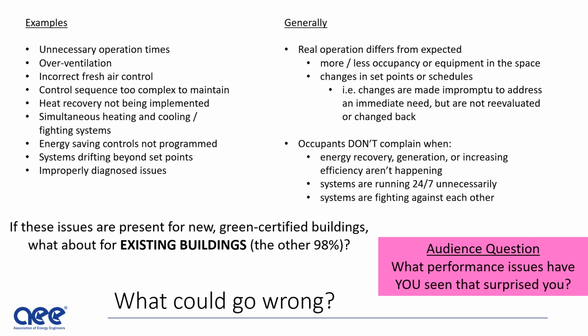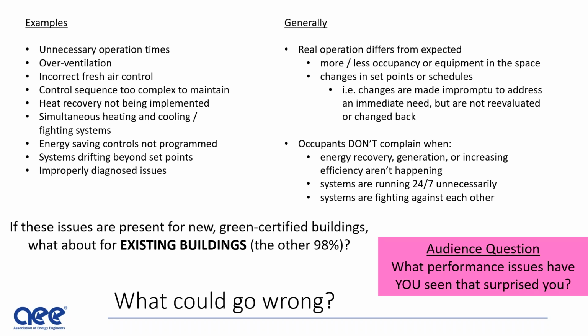Those are the items I pointed out before: overventilation, incorrect fresh air control, simultaneous heating and cooling, and so on. In general, what we see is that after the building gets turned over, the actual occupancy or the equipment in the space is different than what was designed, specified or calculated for.